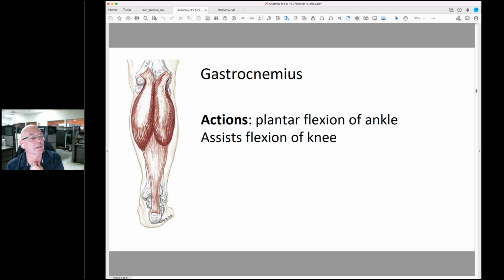Because it crosses this joint. Okay. So it comes up and crosses the knee joint. That's why. And then also plantar flex. So it brings the back foot up, so you're plantar flexing the ankle.